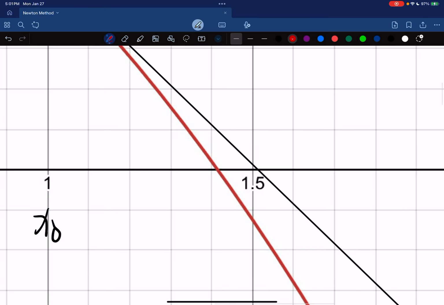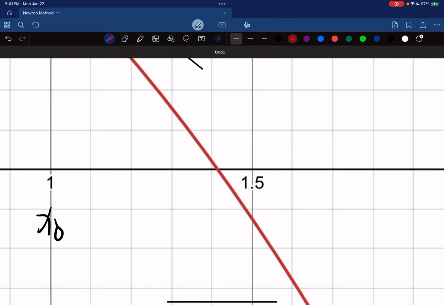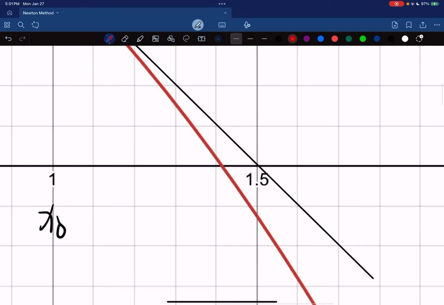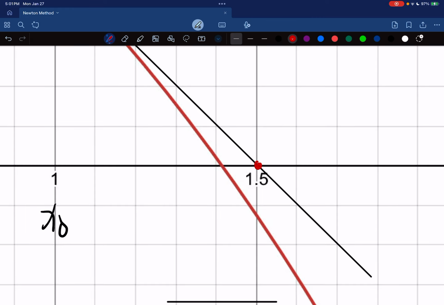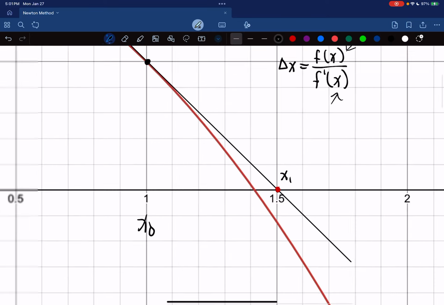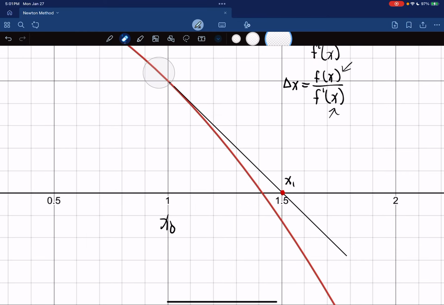So this is going to be technically my... No way. I messed that up. We'll just do it this way. So now this is right here. That's my new x1. Now I'm going to remove this approximation and iterate the second time.